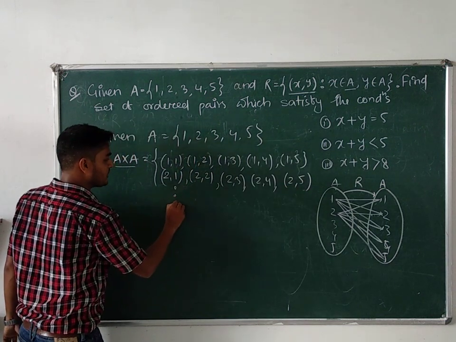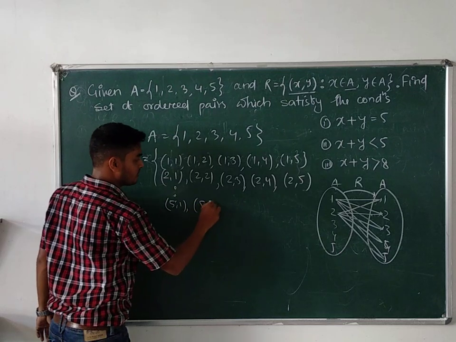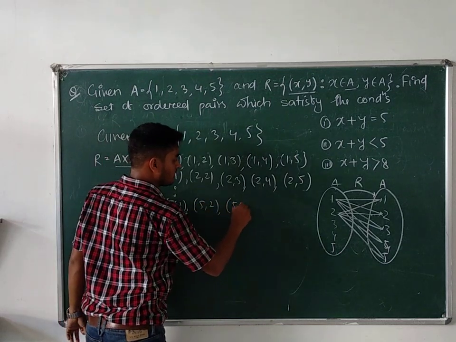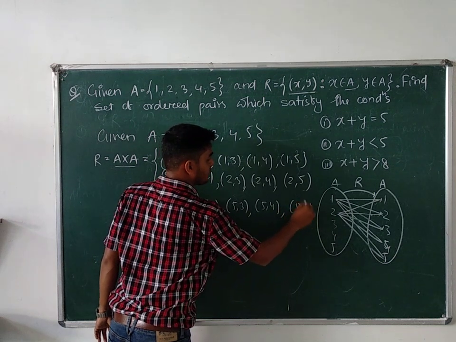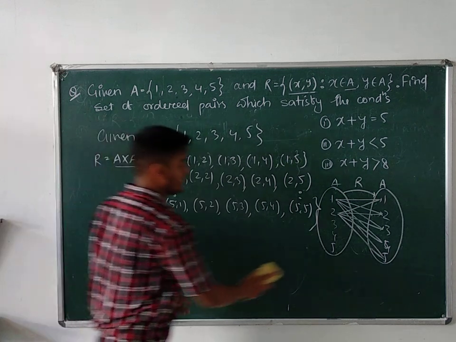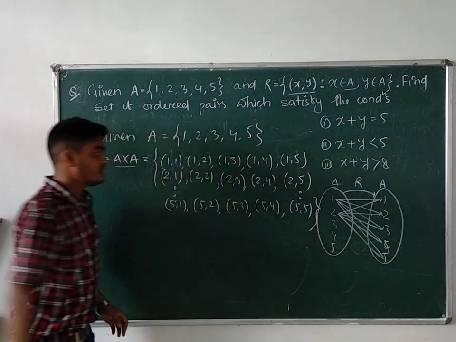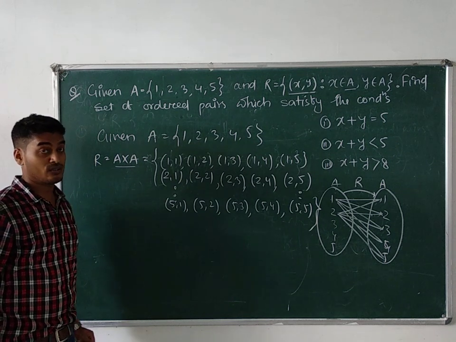Similarly in this way we will write down all those: 5 1, 5 2, 5 3, 5 4, 5 5. Okay, so this is the set A cross A, which contains exactly 25 elements.